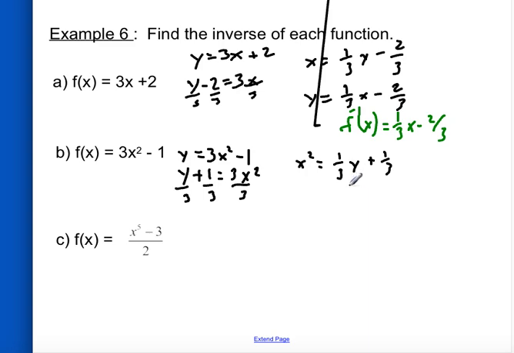And then we want to go ahead and take the square root because we have to get rid of that x squared there. So now we can take the square root of both sides. So we simply end up there with x equals the square root of 1/3 y plus 1/3.